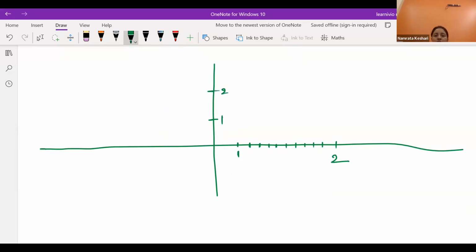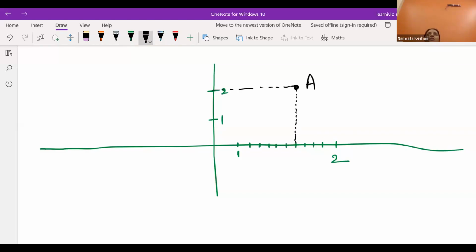Suppose I am marking a point over here, A. And now I am asking you, see why I have shown the points like this.